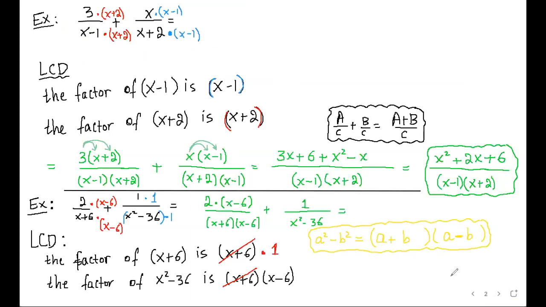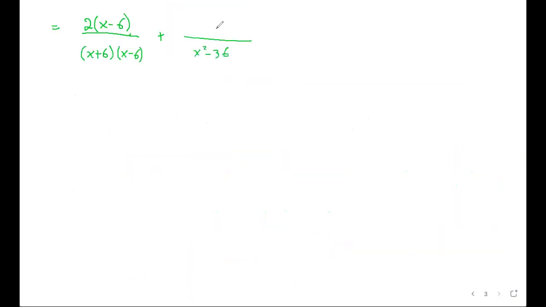Here I have only 1, so 1. Now again, both of the denominators are equal, so it is x squared minus 36.